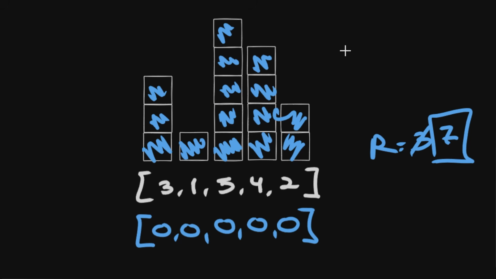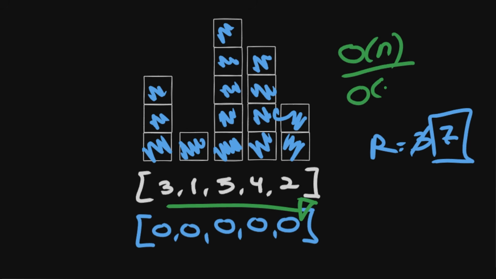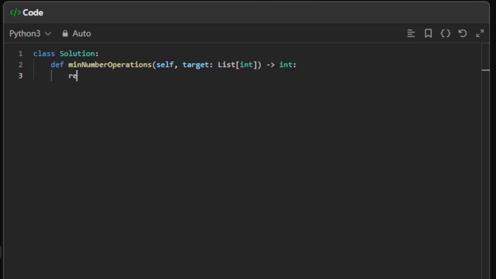Regarding time complexity, it's big O of n, because we are iterating this from left to right, and space complexity big O of 1. With this in mind, let's go with the code. The result initially is the first value, meaning target 0.